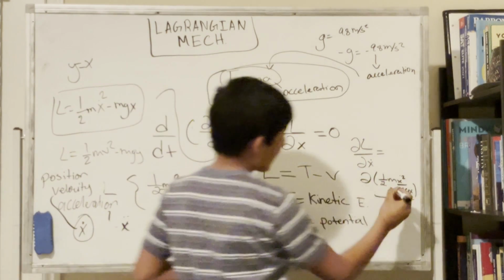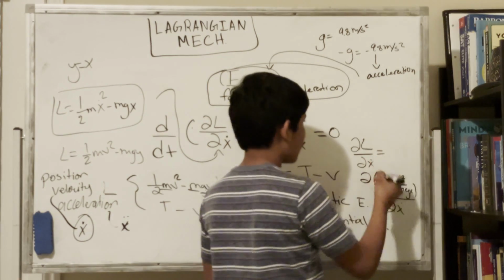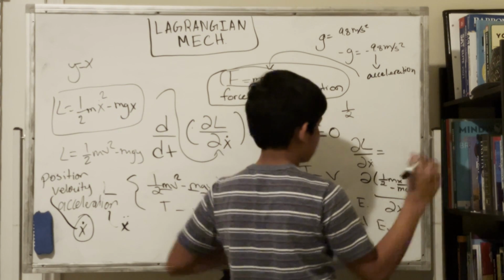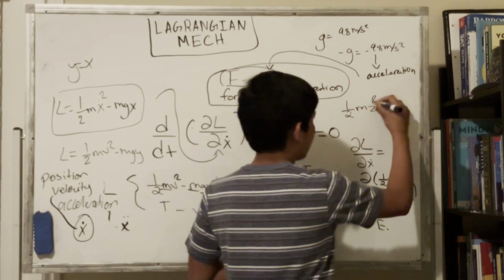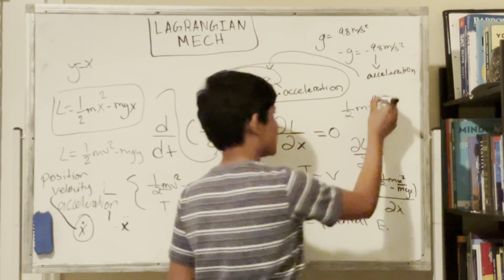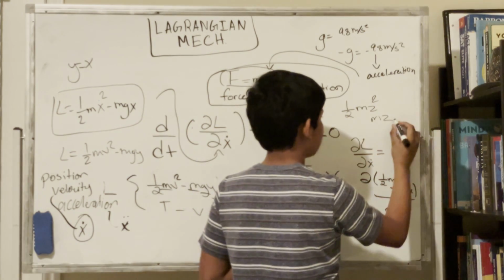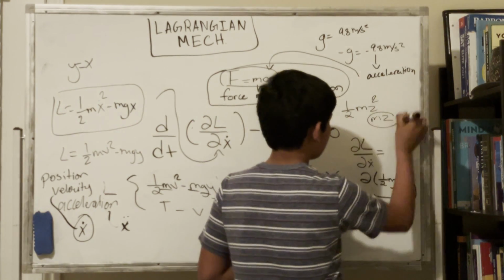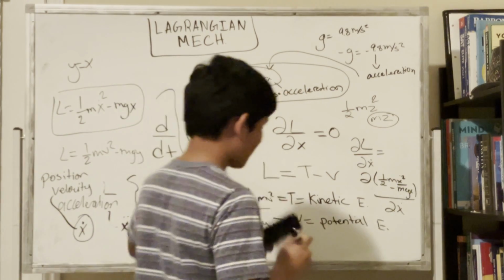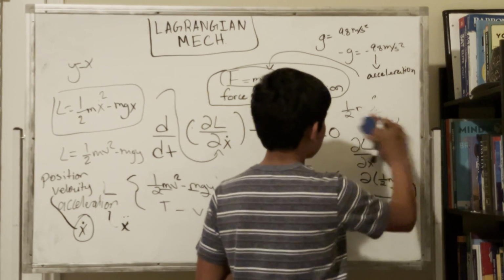Since we have x dot, let's take this term and say we have z, 1/2 m z squared. How would we compute the partial derivative of this? Well, we would just take the 2, multiply it, so we're going to have mz. We can treat 1/2 m x dot squared kind of like this.